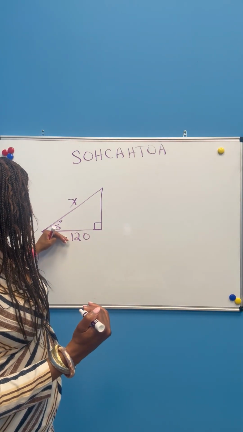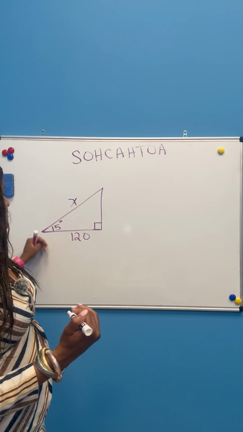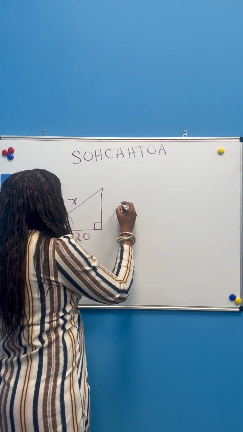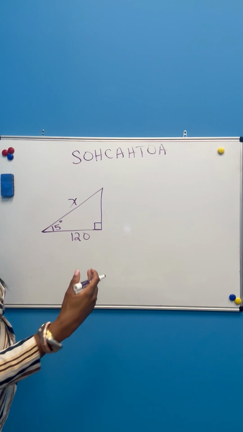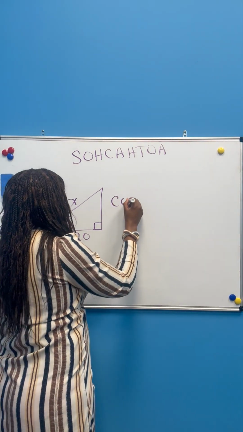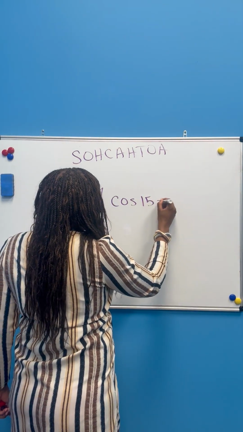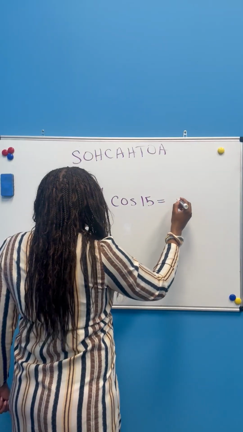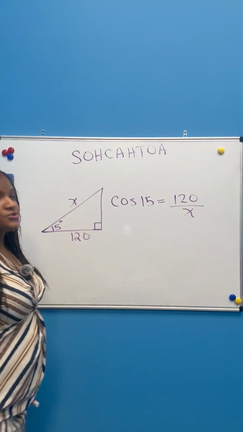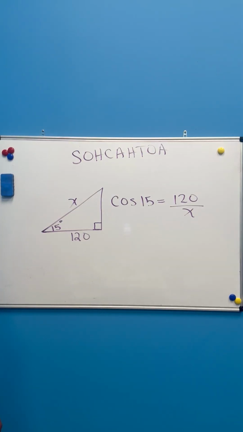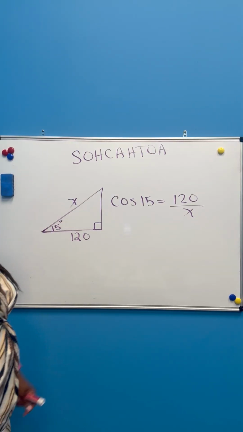You can see they're touching. So this is a cosine situation when we have the adjacent side and we're looking for the hypotenuse. So cosine 15 equals adjacent over hypotenuse. We set up our equation and we're solving for x.